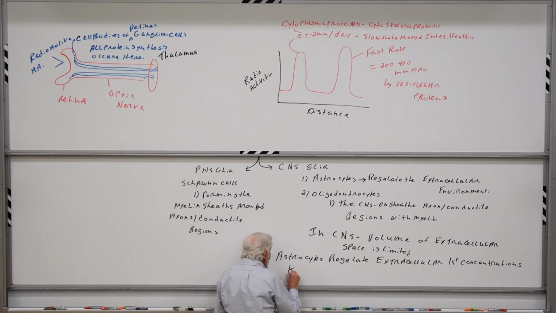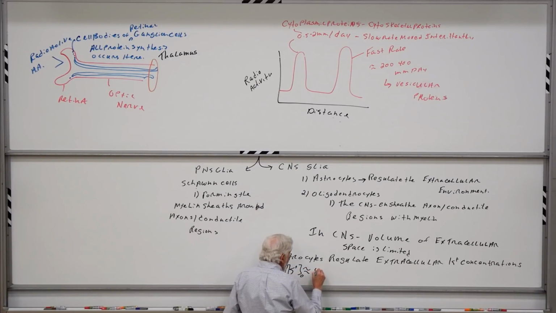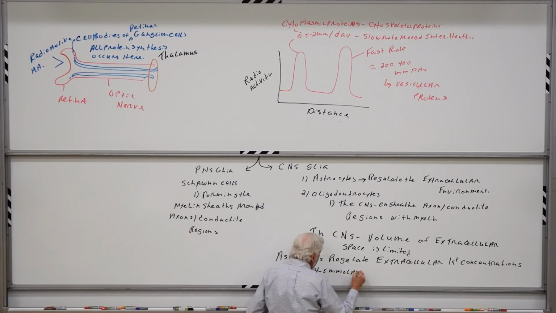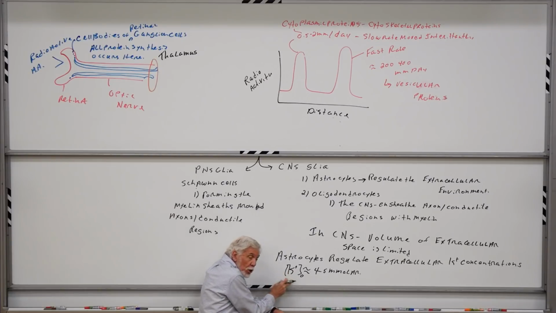The potassium concentration on the outside of cells needs to be maintained in the neighborhood of about 4 to 5 millimolar. If the potassium concentration on the outside of cells gets much above this, if it starts creeping into the 8 or 10 millimolar range, then it has drastic effects on the signaling capacities of neurons.